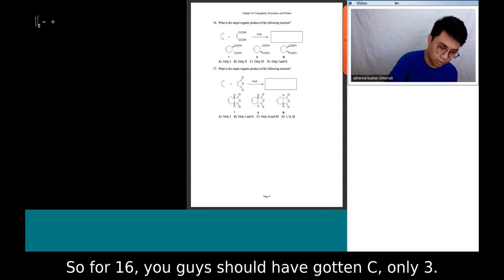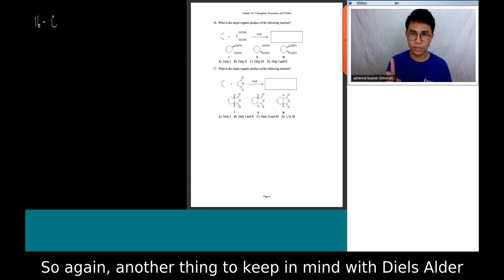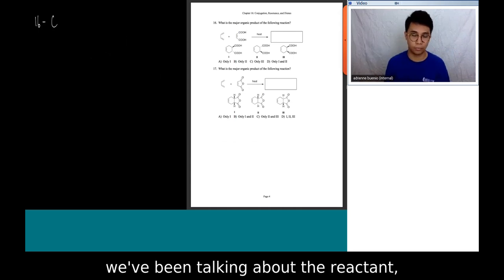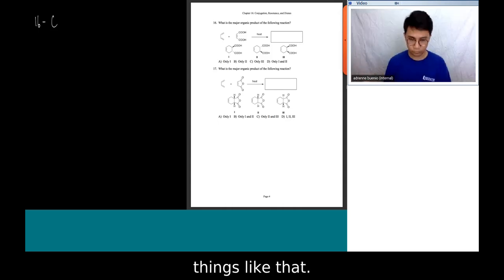So for 16, you guys should have gotten C, only 3, and why is that? So again, another thing to keep in mind with Diels-Alder, now that we're getting to the product side of it, right? We've been talking about the reactants, like what they have to deal with, what you need, things like that.